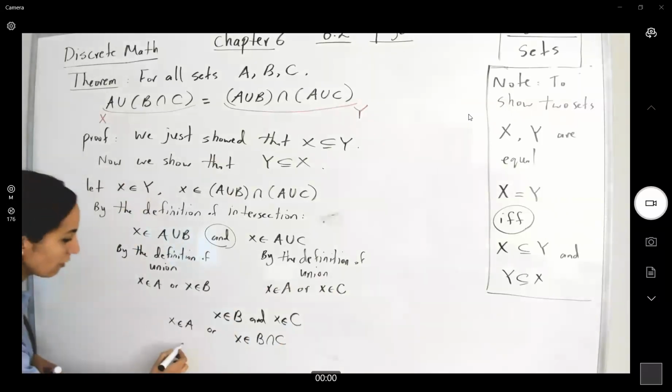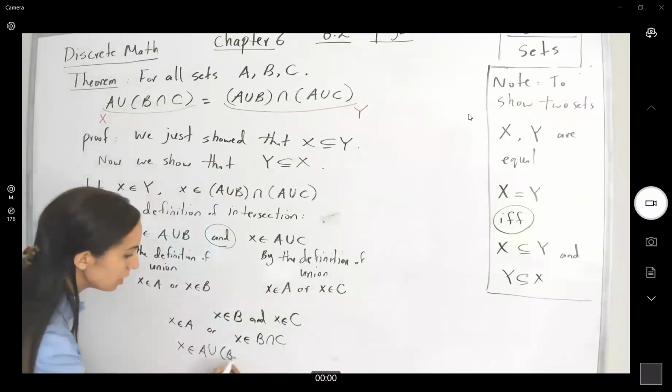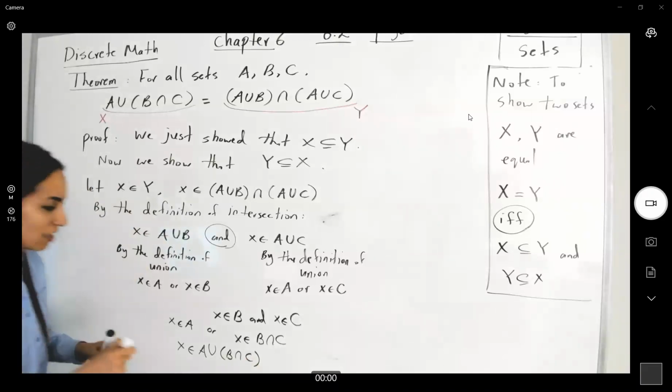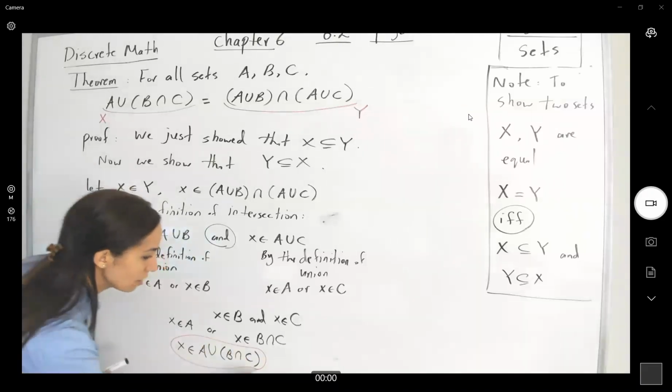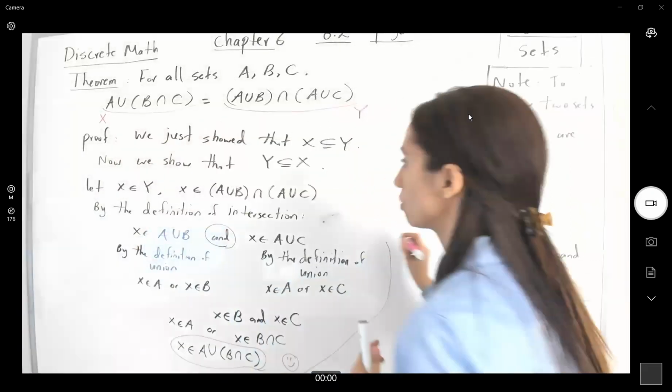So what do we have? X belongs to A union B intersection C, all using the direct definition.